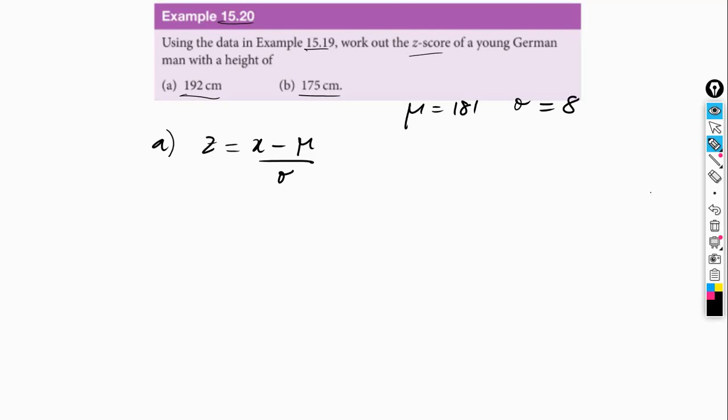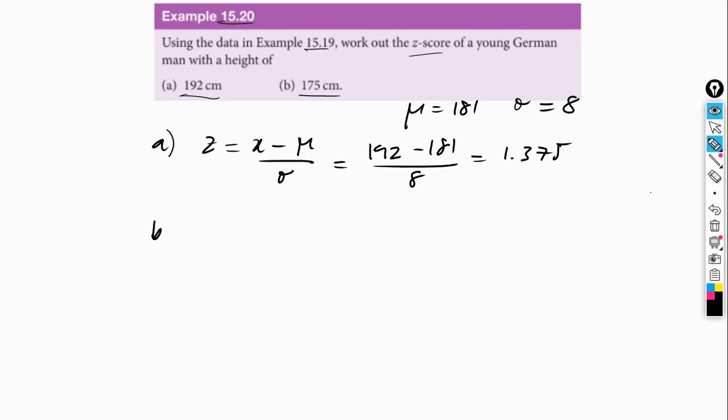So in this case, it's going to be 192 minus 181 divided by 8, and this is going to give us 1.375.